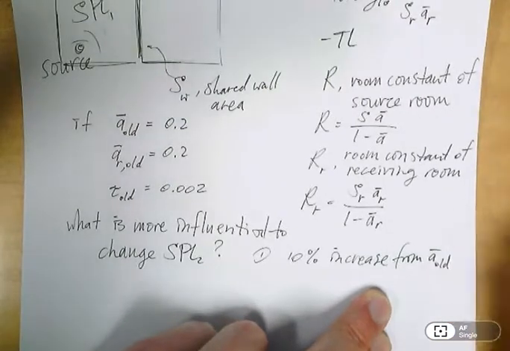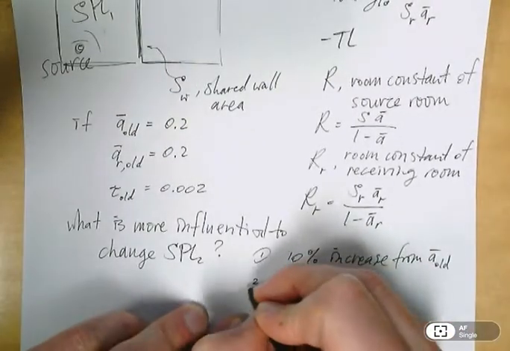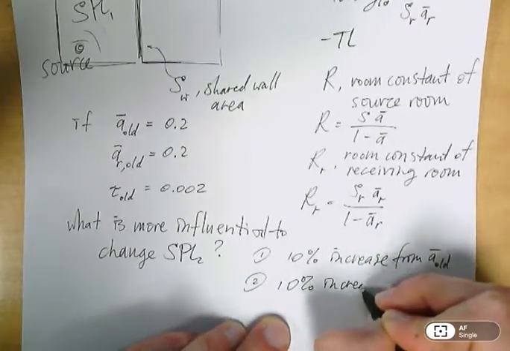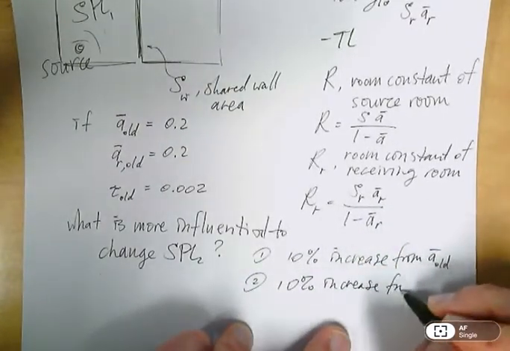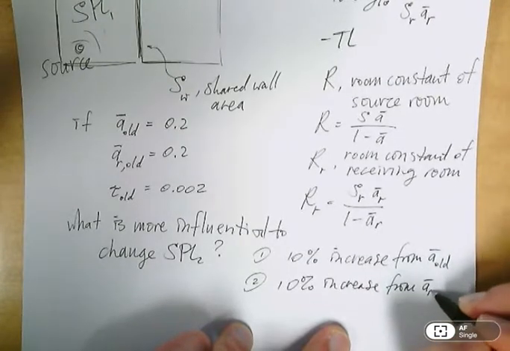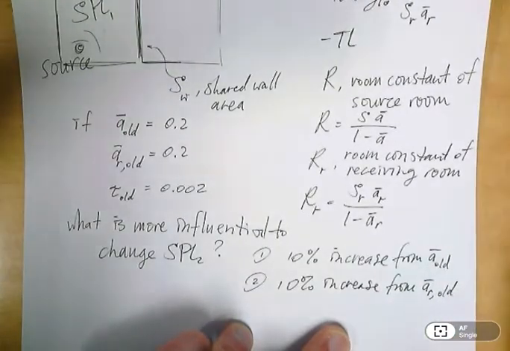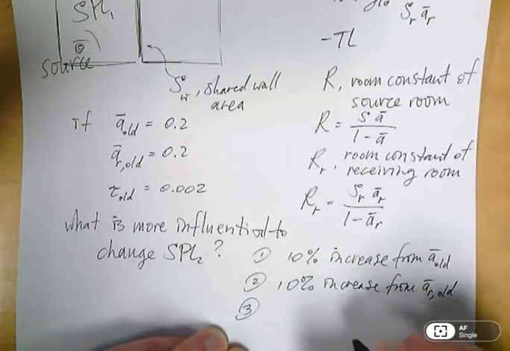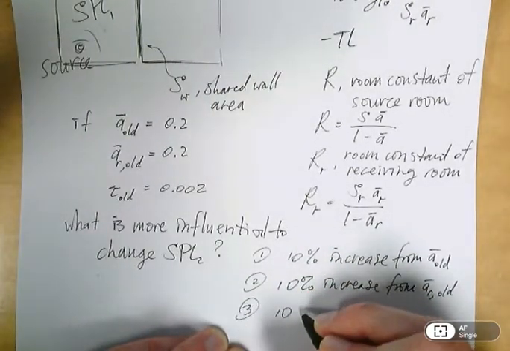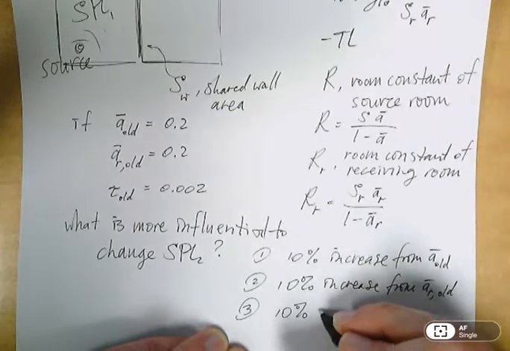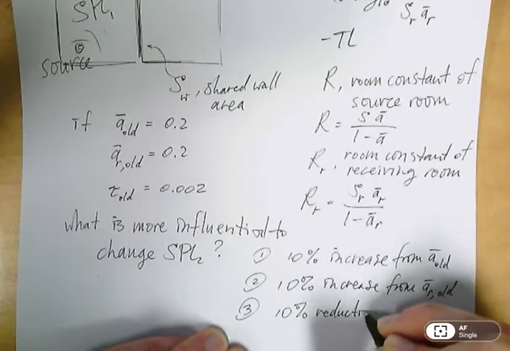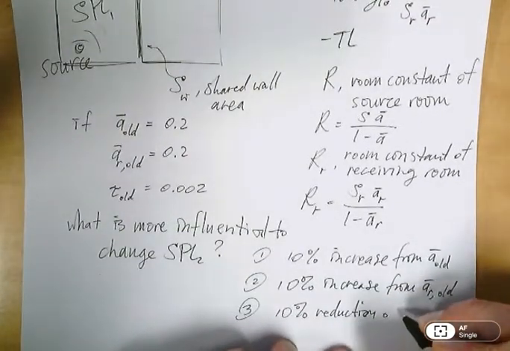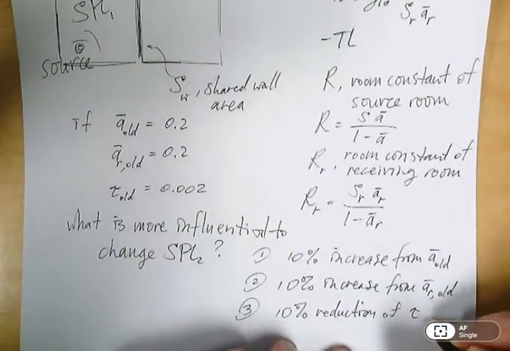Is it a 10% increase from A R bar old? Or is it a 10% reduction of the transmission coefficient of the shared wall?